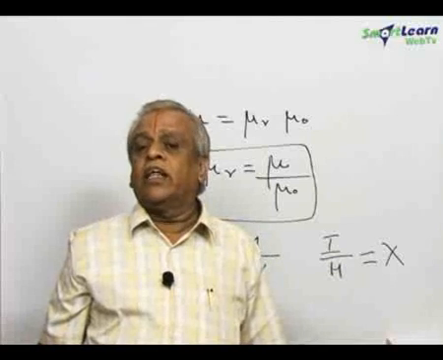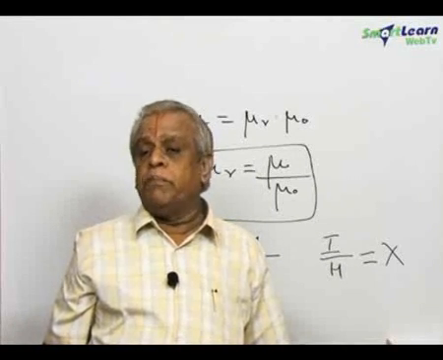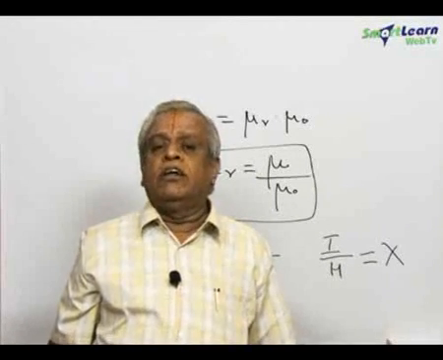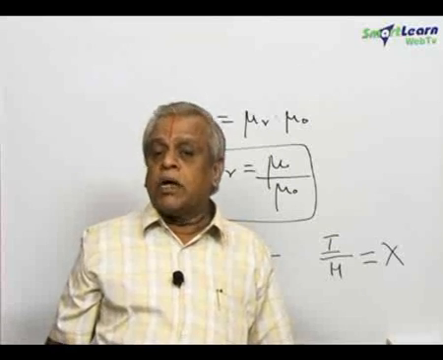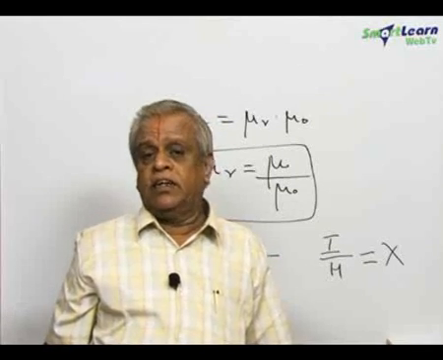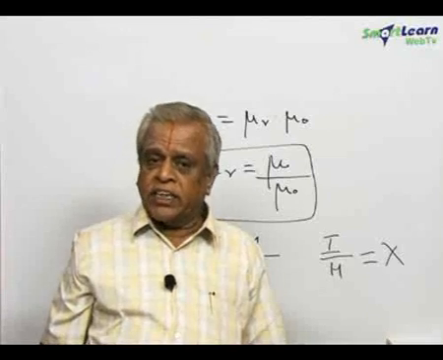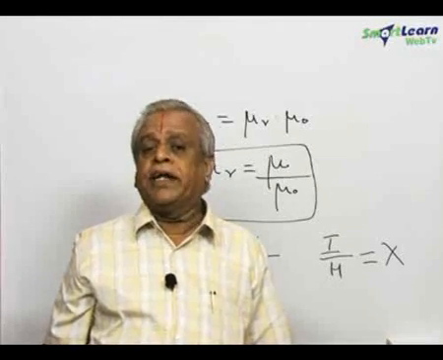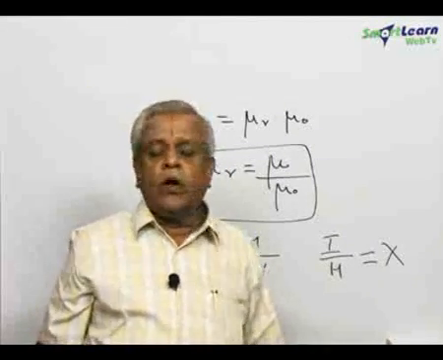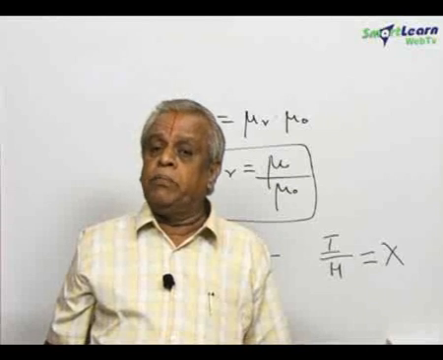It is known as susceptibility of the medium. How far the medium is susceptible to magnetization. So, the ratio of intensity of magnetization to that of the magnetizing field is known as susceptibility of the medium.